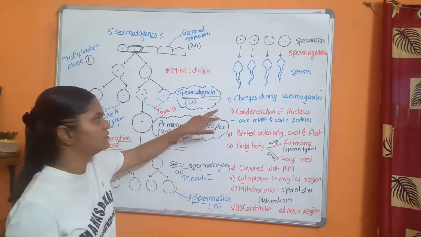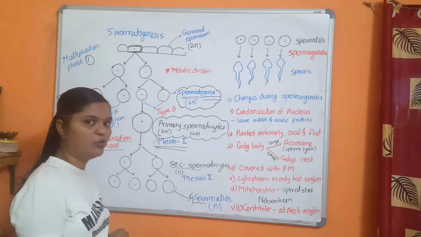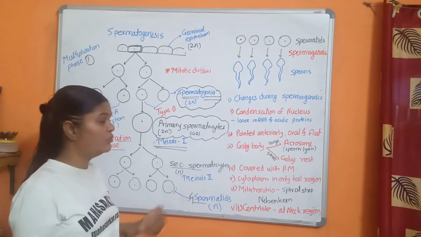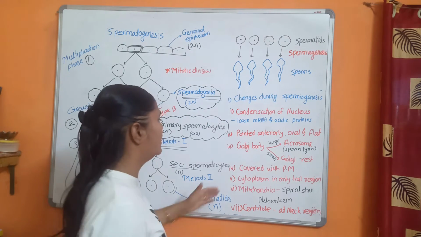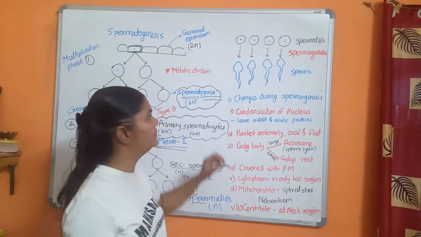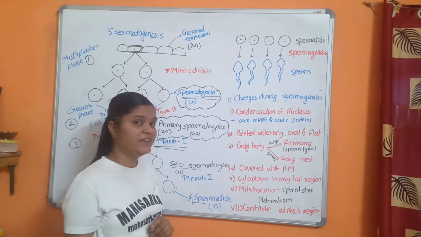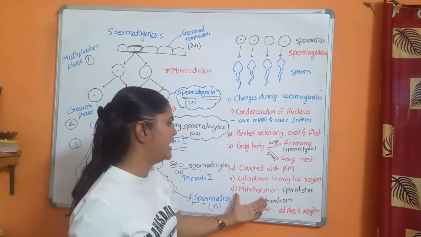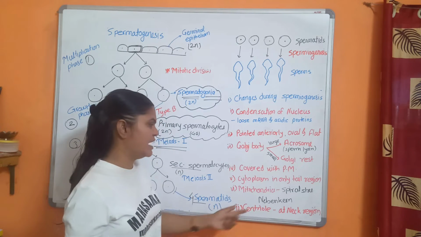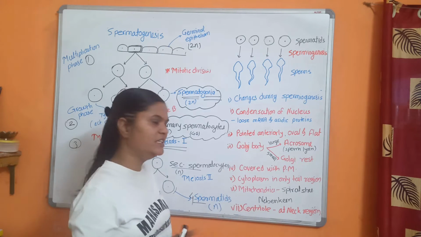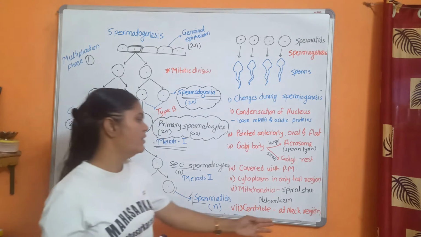Okay, so the nucleus condenses and its shape is changed, changes occur in the Golgi body, then the complete sperm is covered with a plasma membrane, cytoplasm is present only at the tail region, the shape of mitochondria is changed into a spiral structure called Nebenkern, and the proximal and distal centrioles are at the neck region.